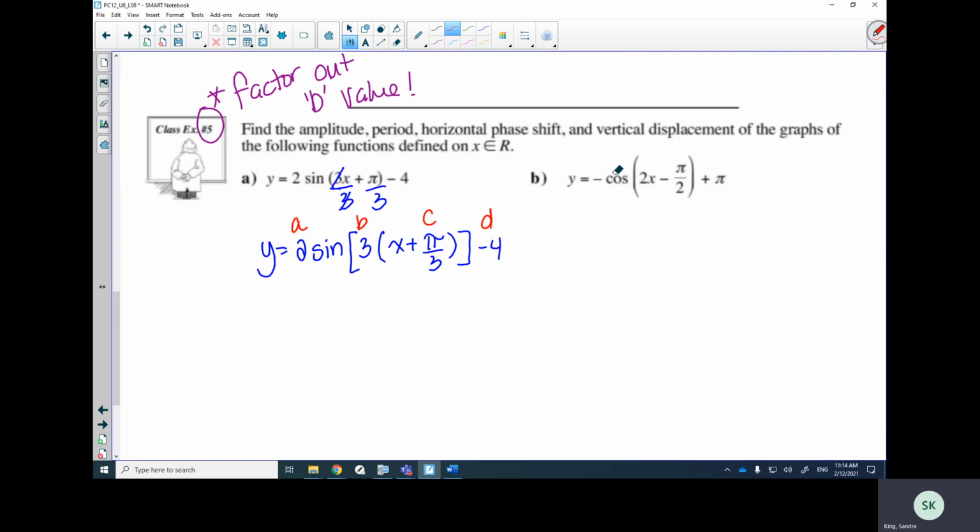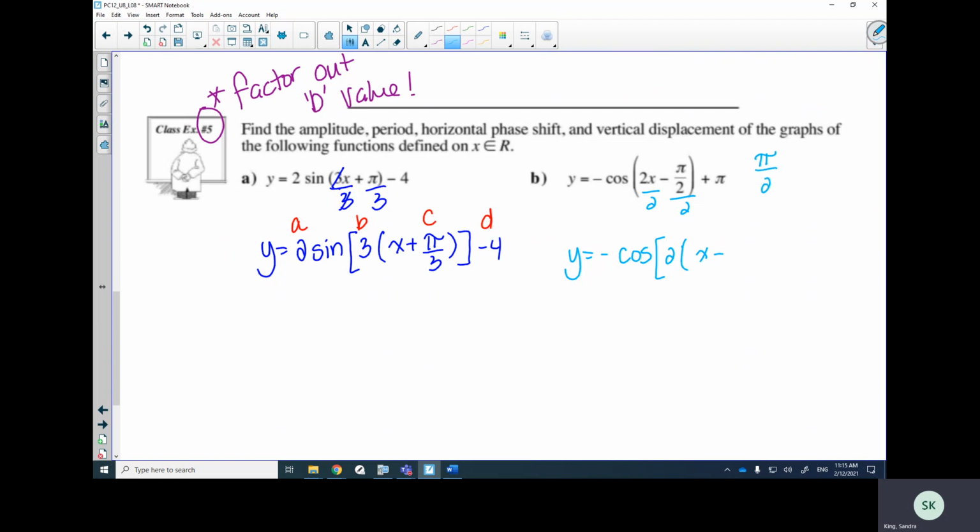Let's do this one, because this one's a bit harder to see. So you're factoring out, Adrian, what am I factoring out? What's my B value? 2. So divide that by 2 and divide this by 2. Y is equal to negative cos. Open your square bracket, factor out that B. Rounded bracket. X minus. I'm going to do this off the side.